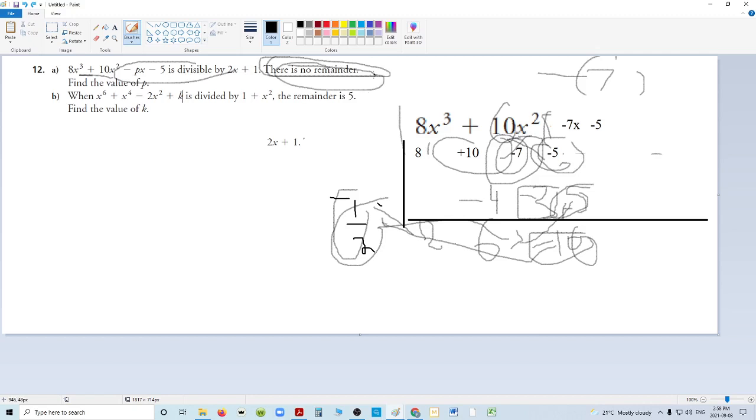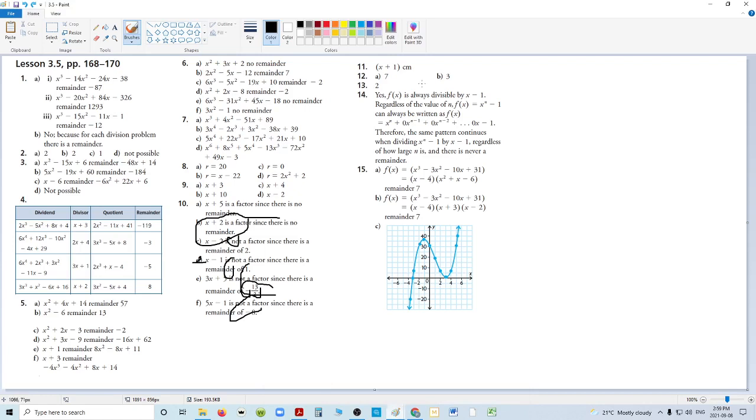Because I know there's no remainder, I know my minus 5 has to be nullified by 5, and I know I'm multiplying by a half. So my result here has to be minus 10, which means my p has to add to minus 3 to make minus 10, which means my p must be minus 7. Since this minus is already in there, the p is 7. So if we go to 12a in the book, we will discover 7p, because I already put the minus in.